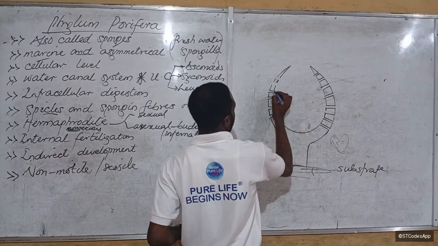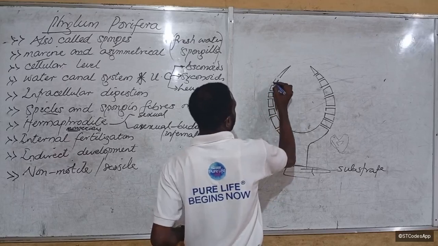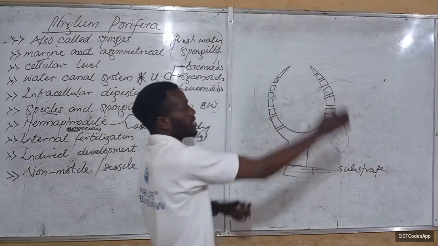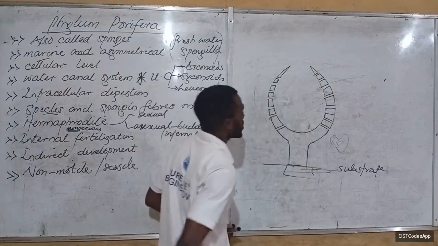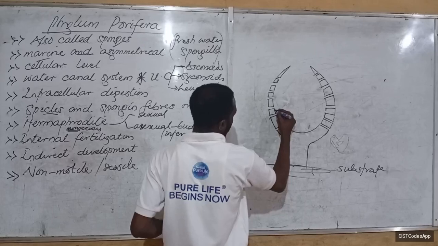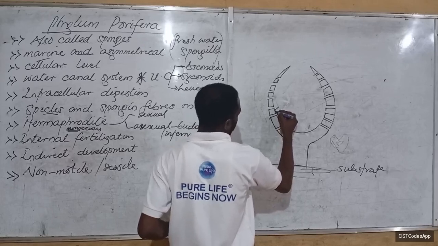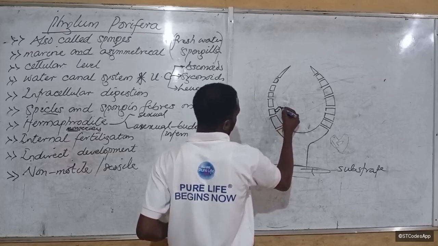So this is just to show you that they are composed of multiple pores throughout their body. So these are pores, okay? These are now lined by what we call choanocytes.